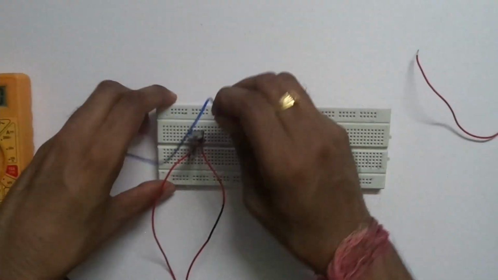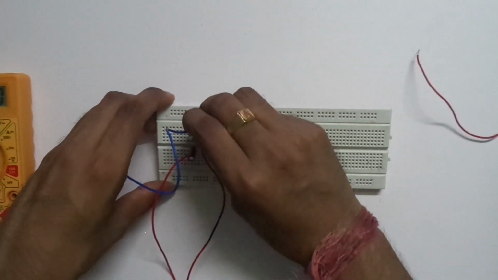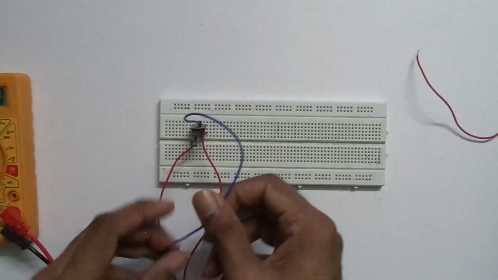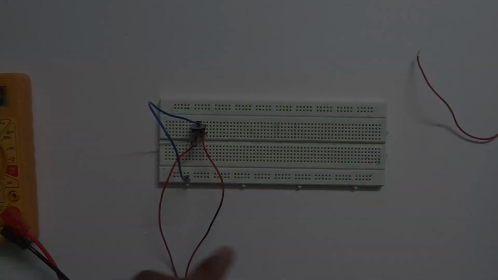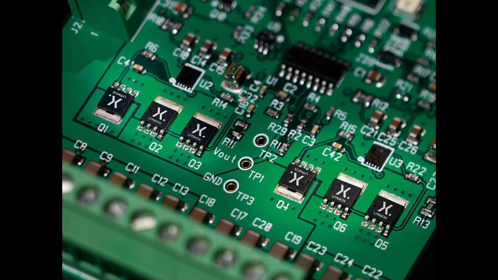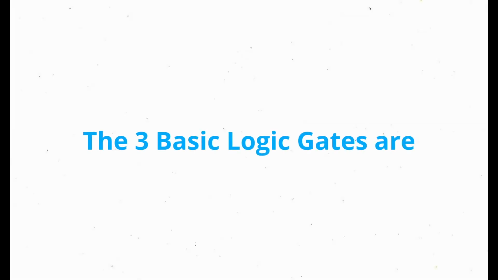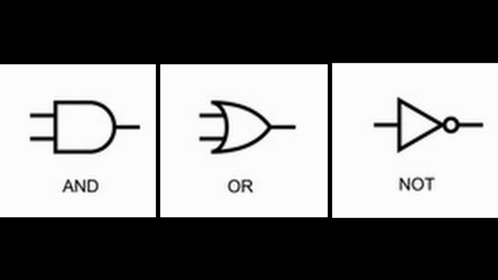In the previous video, we saw how we can make a simple 5-volt power supply for conducting digital electronics experiments. The basic building blocks of digital electronics are logic gates. The three basic gates are AND, OR and NOT.